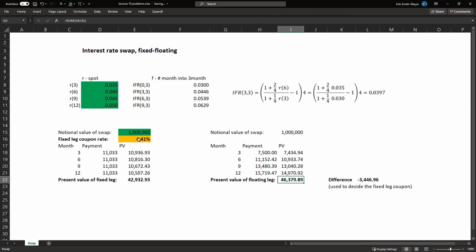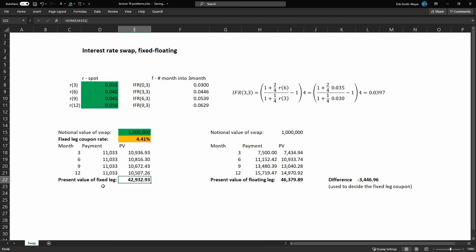The payment is 4.41% per coupon, which means that we still have the 11,033 coupon, but the spot rates used to discount these cash flows have increased by 50 basis points, which means that the present value of the fixed leg is going down.